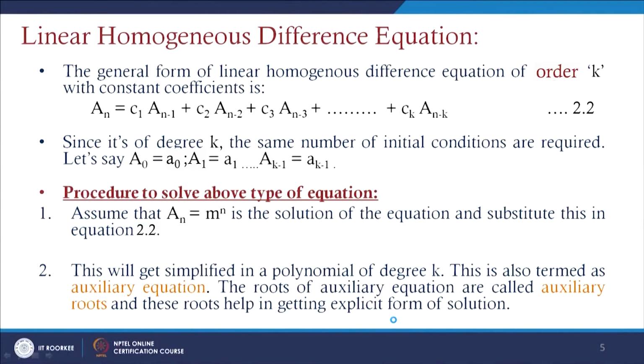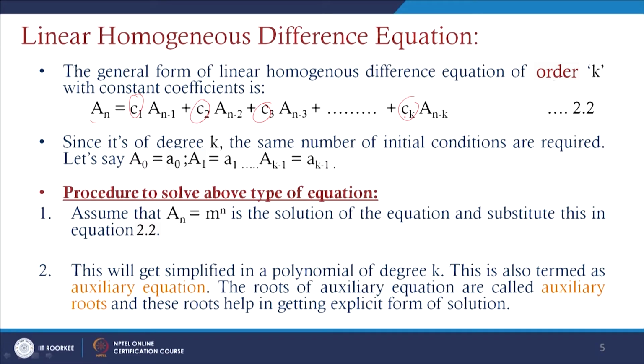To deal with such an equation, we go for the solution form of the linear homogeneous difference equation. The general form of a linear homogeneous difference equation of degree k with constant coefficients is written as a_n equals C_1 a_{n-1} plus C_2 a_{n-2} plus C_3 a_{n-3} plus ... plus C_k a_{n-k}, where C_1, C_2, C_3 up to C_k are constants.